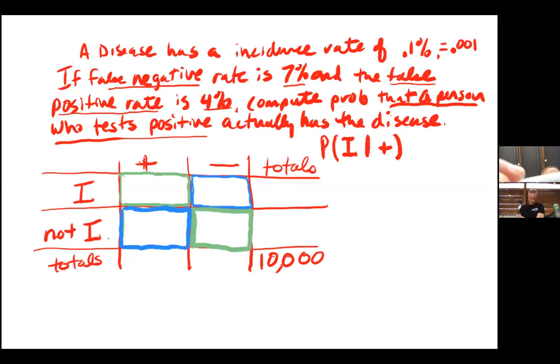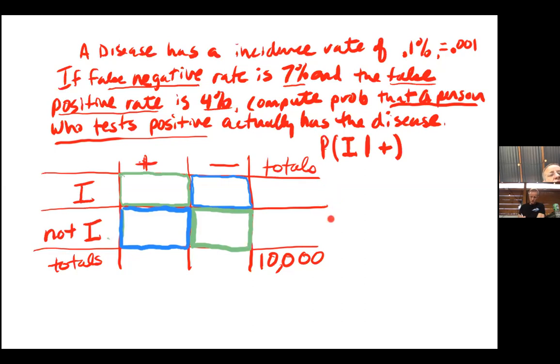All right. So with this total of 10,000 population, we want to first start off putting out, if I had a population of 10,000, and this was my rate of infection up here, the 0.1%, how many within this 10,000 would actually have the infection and how many would not, right?